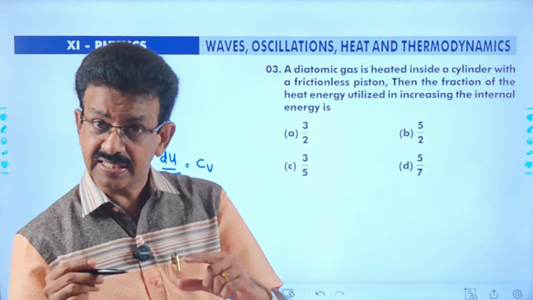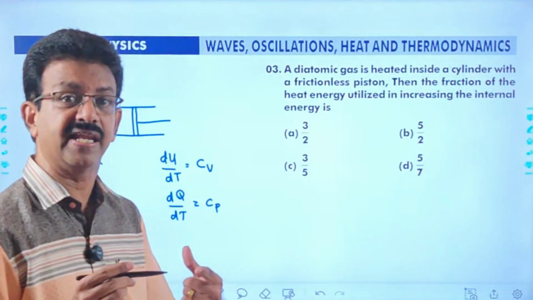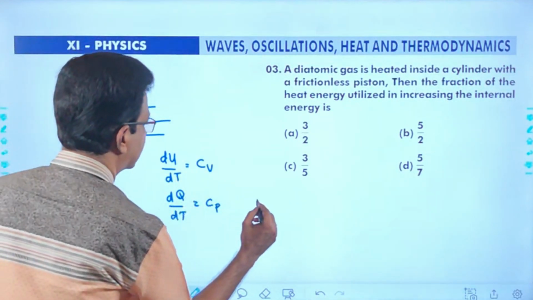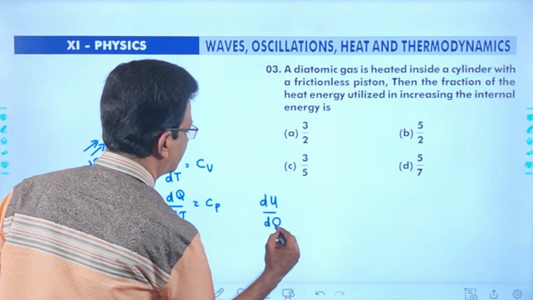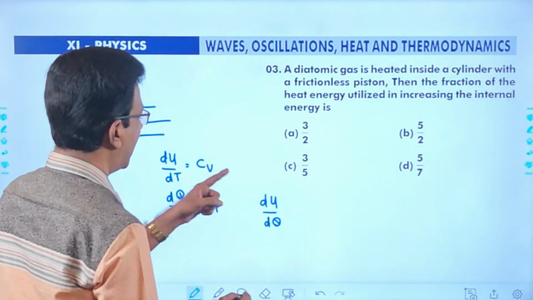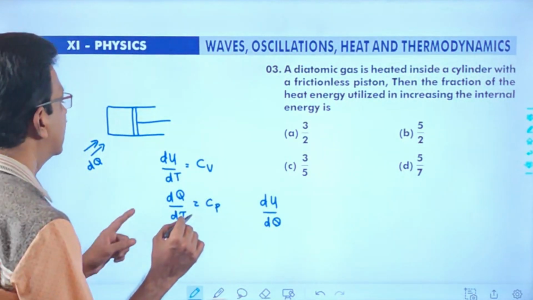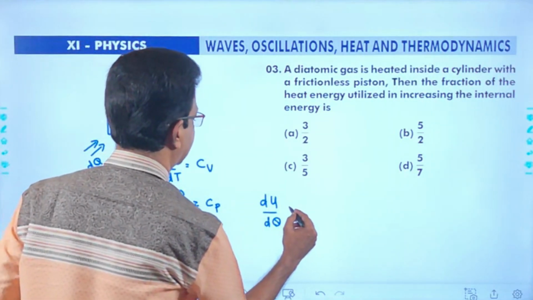Fraction of the heat energy utilized in increasing the internal energy means the value of dU by dQ: out of the total given heat, how much is utilized for increasing the internal energy.